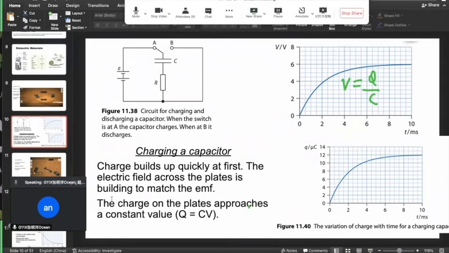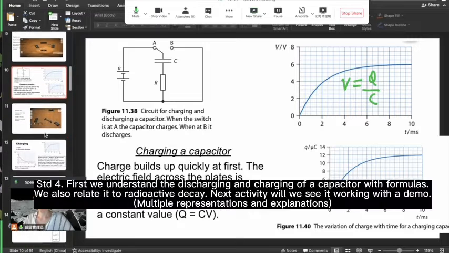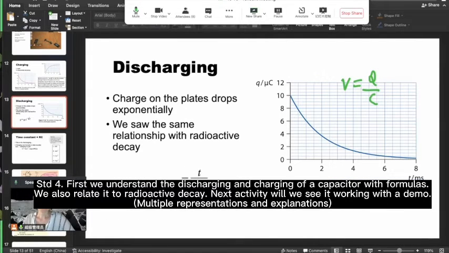Why isn't it a straight line instead of a curve? Oh, okay. Awesome question, Ocean. We're going to be getting to this in a little bit. We're going to see actually that this curve is an exponential relationship. It's not a straight line.